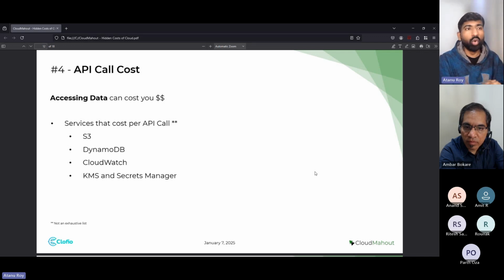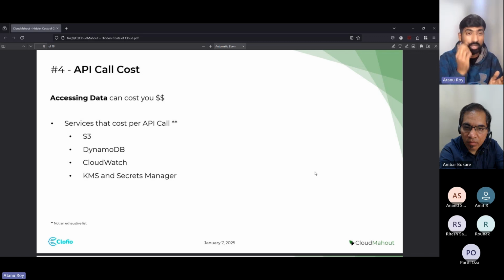This can go really high if your application is really chatty. For example, let's say within your object storage you are storing a huge number of small files, maybe images or some binary files, and you are also accessing them very frequently. Then these API call charges can go really high.